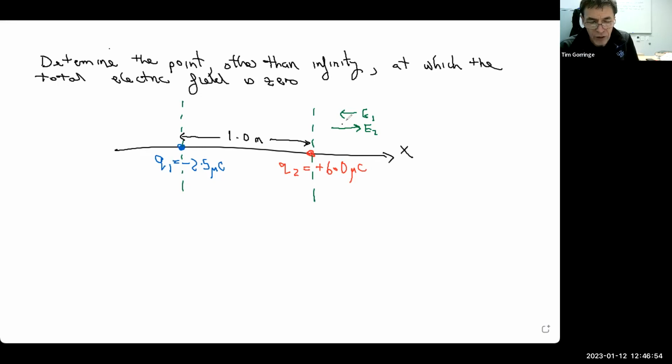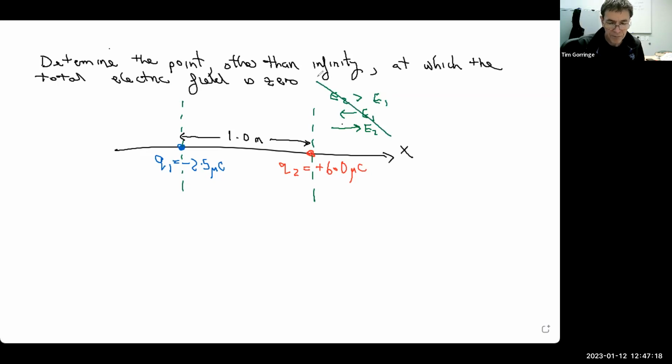And so it will always be that E2 is bigger than E1. We can never arrange that E1 is the same size as E2 in this region. For that reason, that E2 is always bigger than E1, we can't cancel the 2 fields in the region on the right.